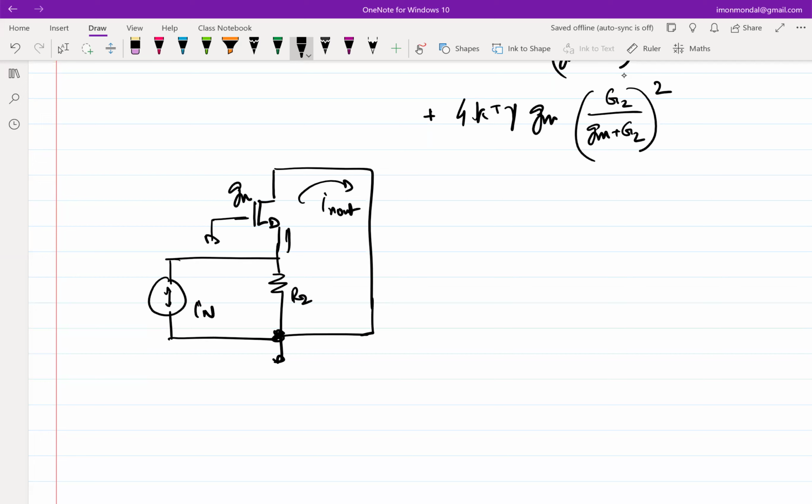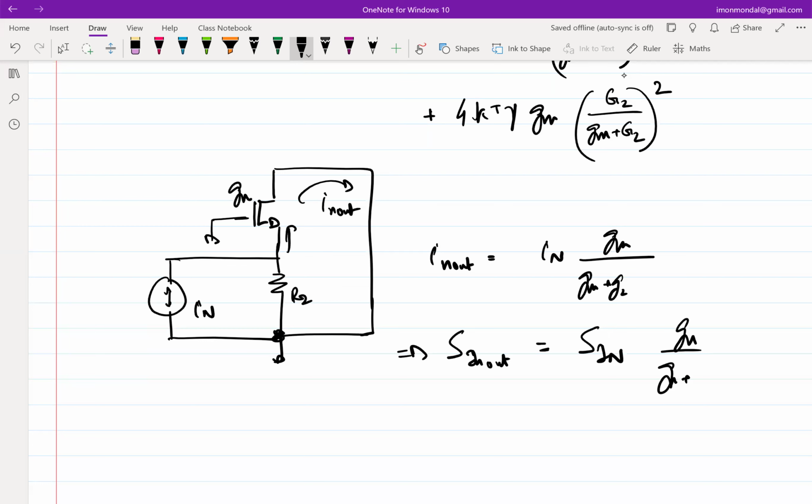Again, the part of IN that goes up from that node is the one that is contributing to IN out. So in this case, IN out is IN times Gm by Gm plus G2, which means that SIN out is SIN times Gm by Gm plus G2 whole squared, and then you do the algebra, then you get whatever you get.